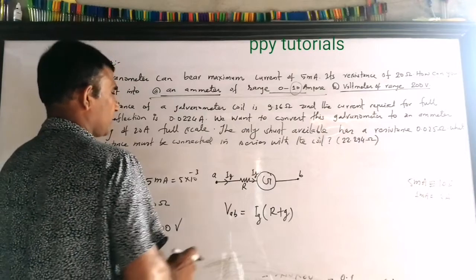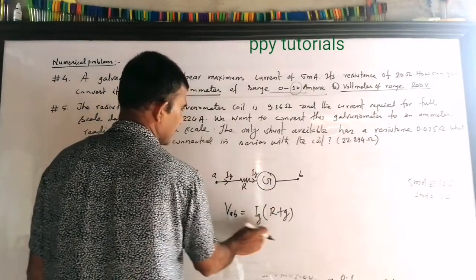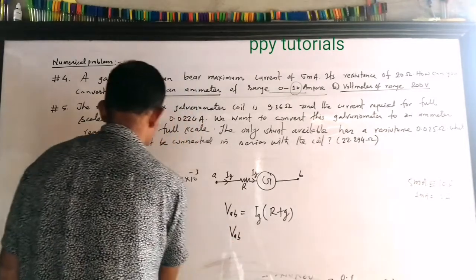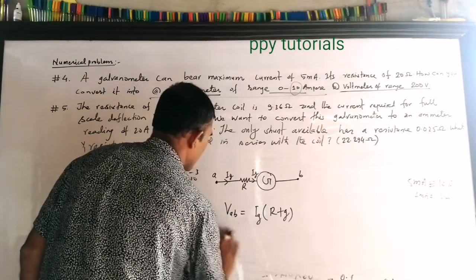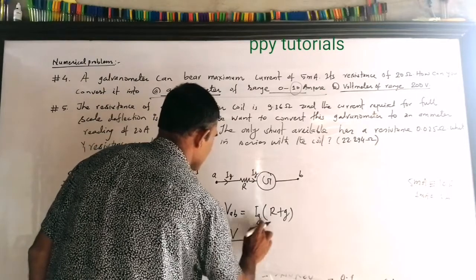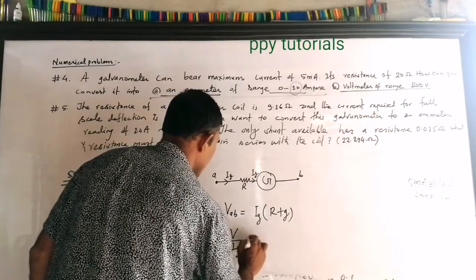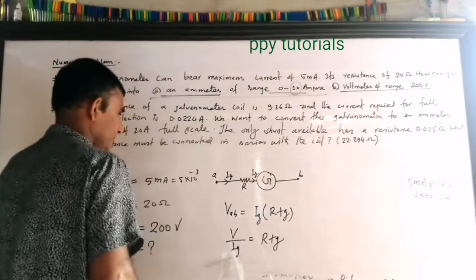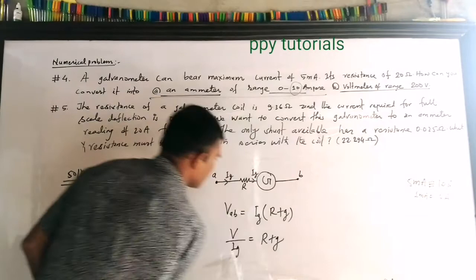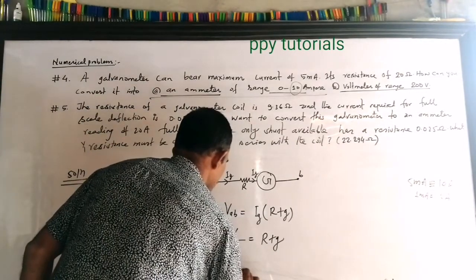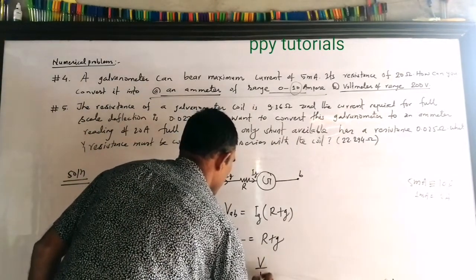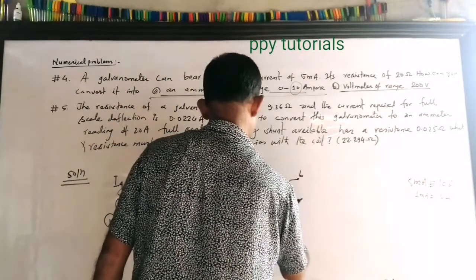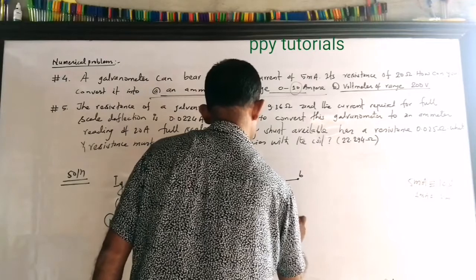Now what do you want to find? The value of R. So let's solve this equation. This V from A to B is our V, the voltage given. I am writing this V, and this Ig goes down, and on the other side remains R plus G. Now you want to find the value of R. So just V by Ig minus G. I have to write capital G for the galvanometer resistance, I wrote a small g.